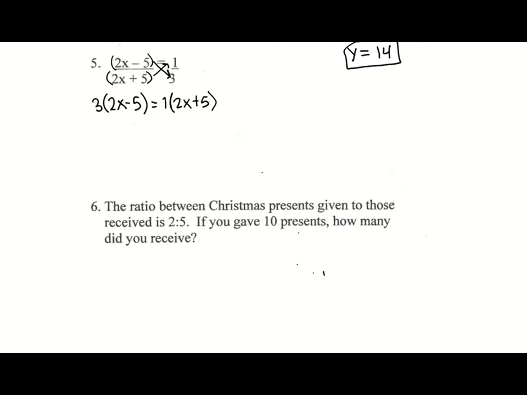Okay, so now that I have my equation, I can distribute. So when I distribute the 3, I have 3 times 2 is 6x, and 3 times negative 5 is minus 15. 1 times 2x is 2x, and 1 times 5 is 5. Now I can bring all my x terms to the left.